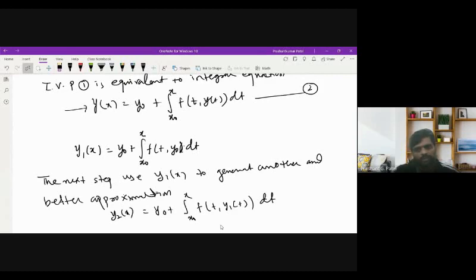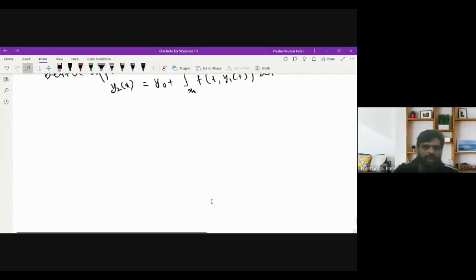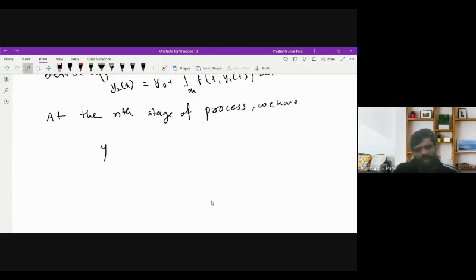And if you continue in this manner, at the nth stage of the process, we have yn of x is equal to y0 plus the integral from x0 to x of f of t, y n minus 1 of t dt.